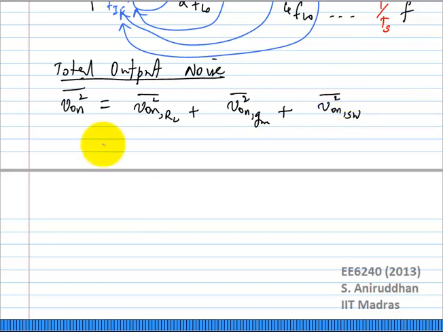So let us say this was a simple load resistor. So the noise due to the resistor was 8 kT RL. The noise due to the GM stage was 4 kT gamma GM RL squared.